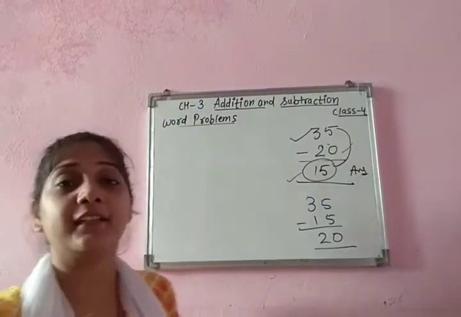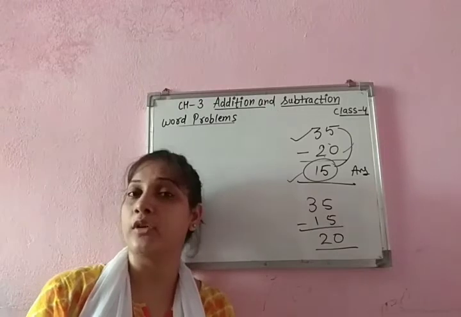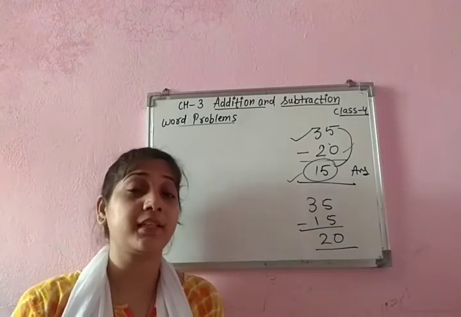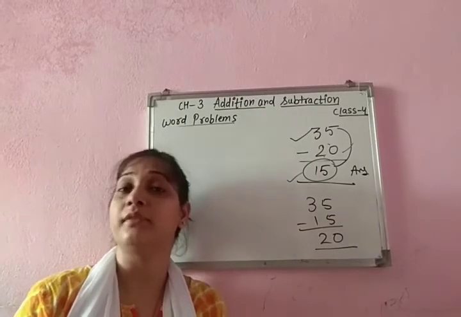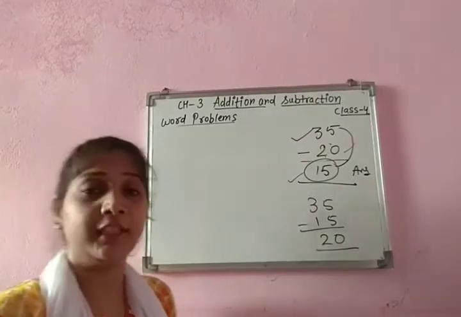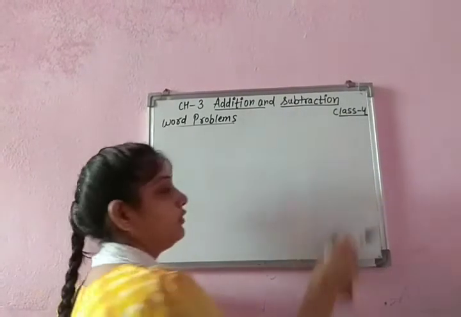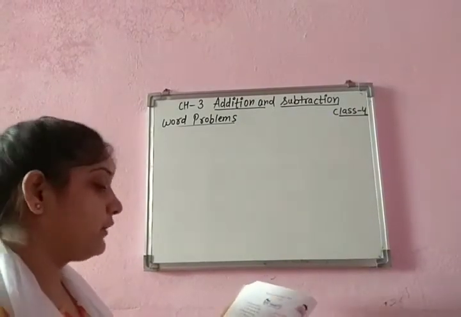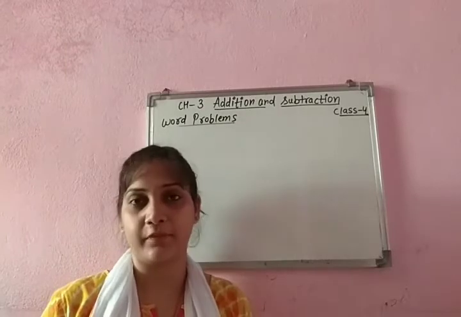And you can understand in another way also, to find smaller, you have to subtract. Just now in our previous video I told you to find smaller, we have to subtract. And here we need to find a smaller number. So to find the smaller number, do subtraction. Okay? Because children, here you know that we are learning the word problems of subtraction.